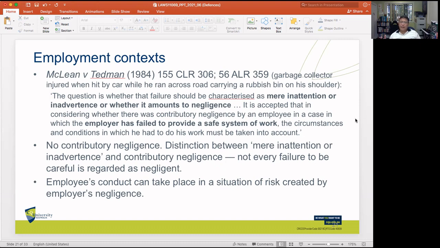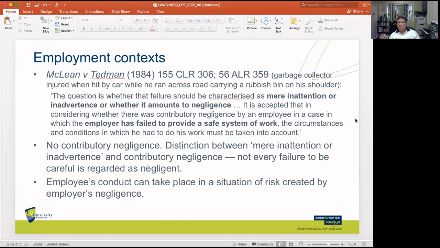So in other words, if an employee suffered injury in an employment setting, and there was no safe system of work provided by the employer, even if there might have been what might be considered negligence on the part of the plaintiff employee, it wouldn't amount to the level of negligence under tort law, but would simply be characterized as mere inattention or inadvertence.